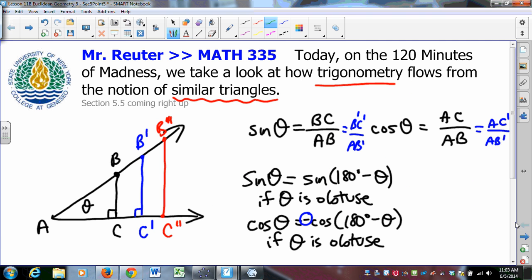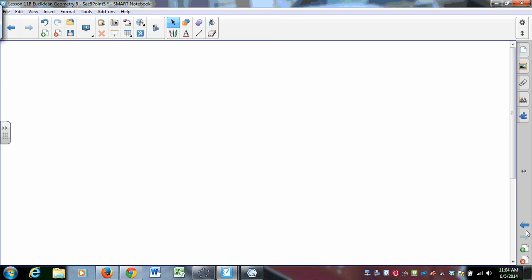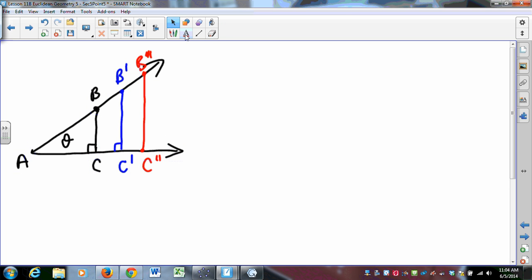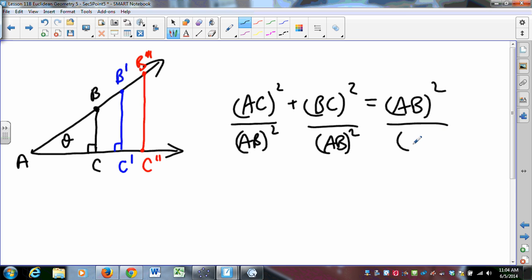While we're on the topic, let's copy this stuff and bring it with us. You know from the Pythagorean theorem that AC squared plus BC squared is AB squared. Well, that's phenomenal. What if we divide everybody by AB squared?